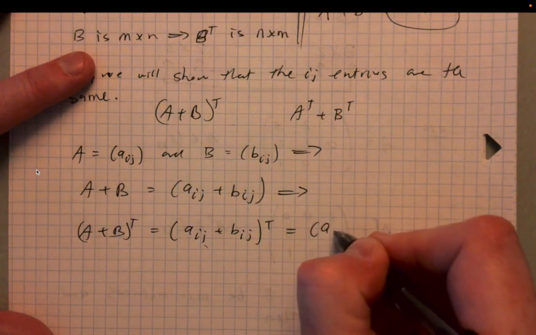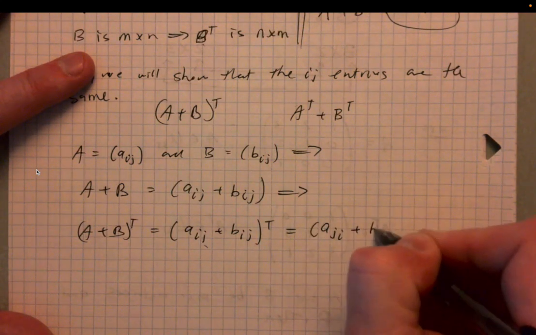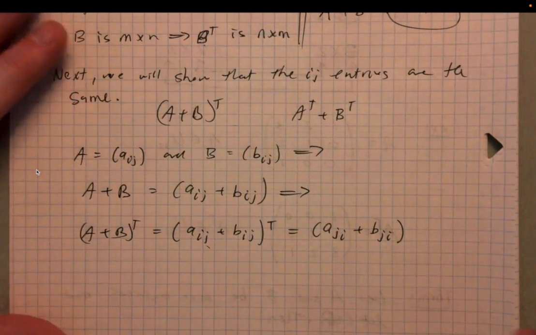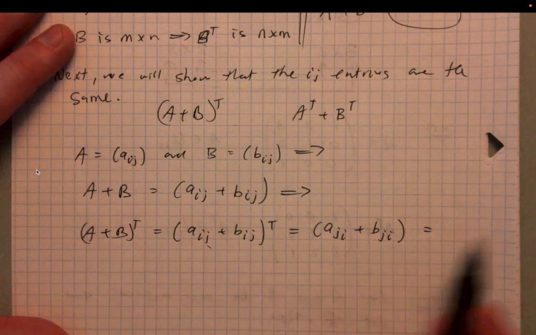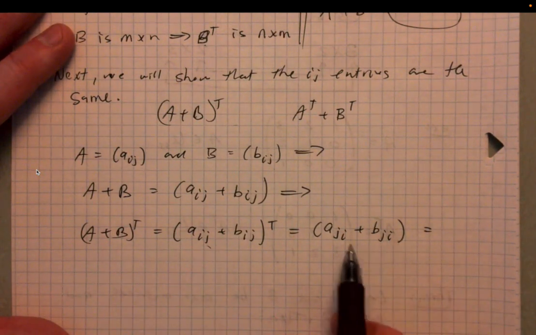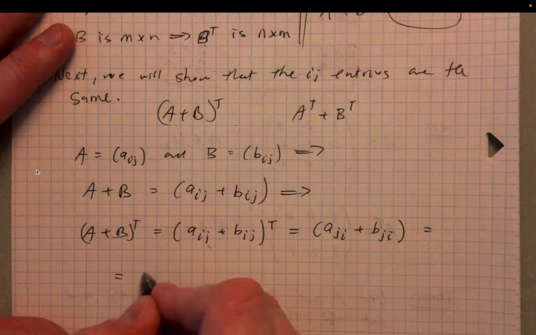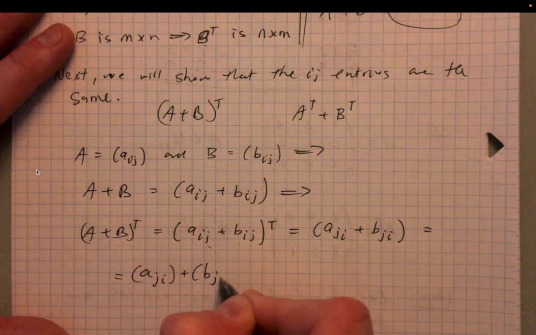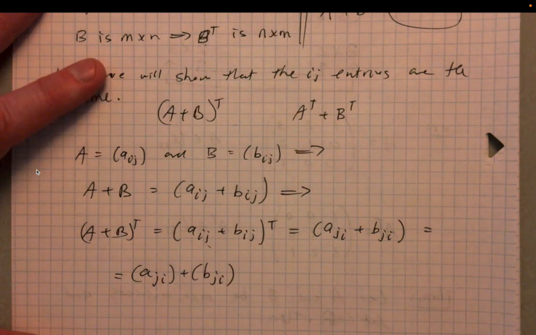So it's going to be a_ji plus b_ji instead. We can pull those two apart, so now you've got a_ji plus b_ji.